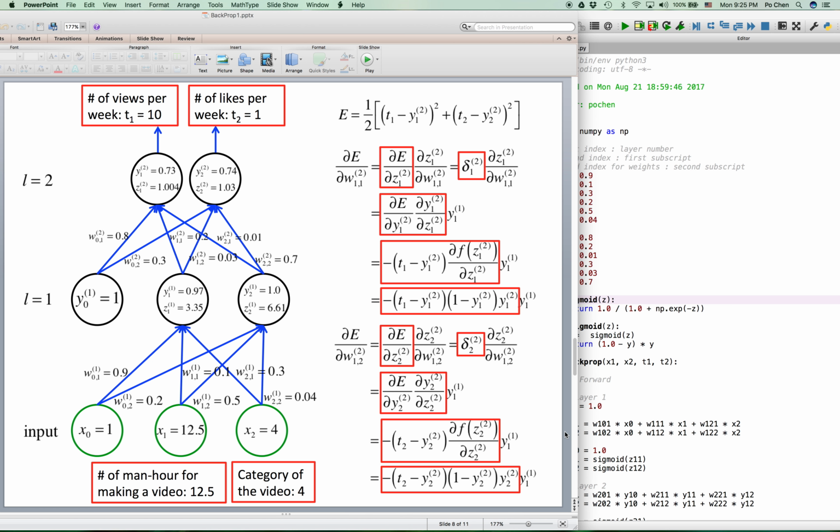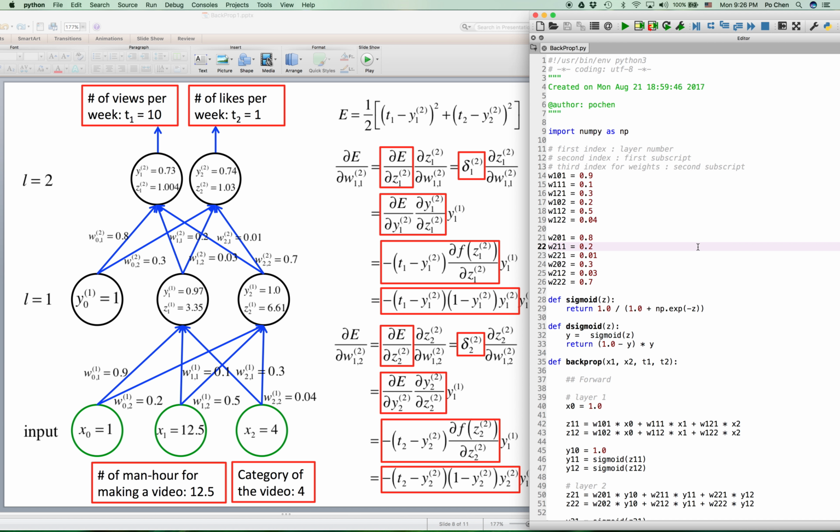You have to take the derivative of the function first, and then bring in the values of those weights to compute the actual values of the derivative. The 2 input values, x1 and x2, are fixed at 12.5 and 4 respectively, and the 2 ground truth output values, t1 and t2, are fixed at 10 and 1 respectively.